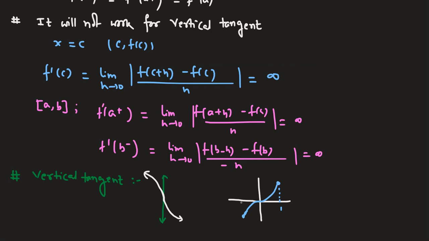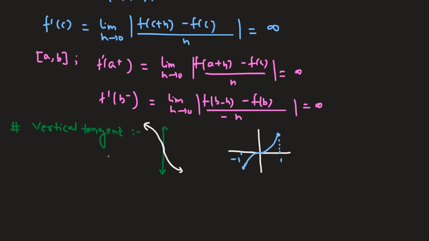This is 1 and this point is minus 1. Now this is the definition of vertical tangent, where the left hand derivative and right hand derivative both tend to plus infinity or both tend to minus infinity, then you are getting the vertical tangents.